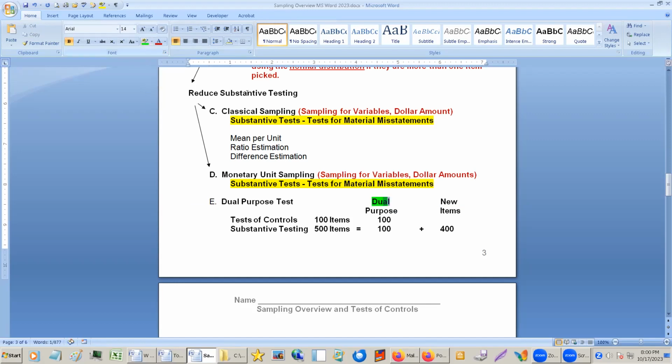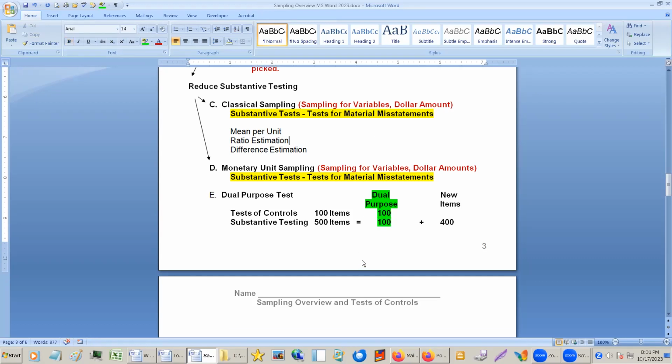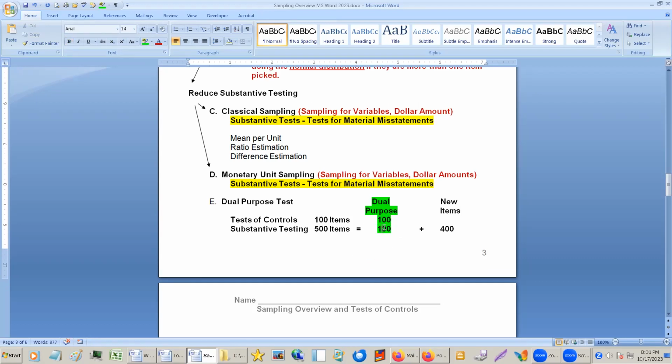You don't have to do this, but it would make sense to do it. Since you already have the items pulled and you're looking at them, all you have to look at for substantive testing is the dollar amounts, which is much easier. So it makes sense that you would use that same 100 items for the substantive testing.